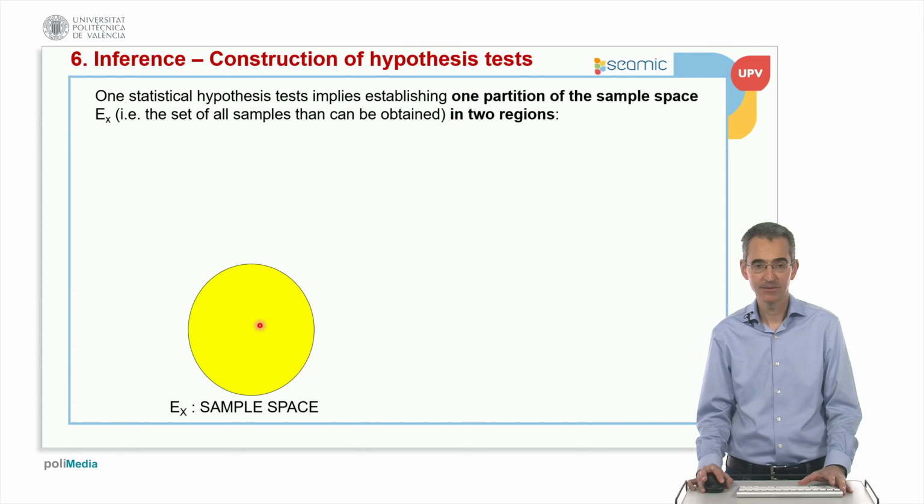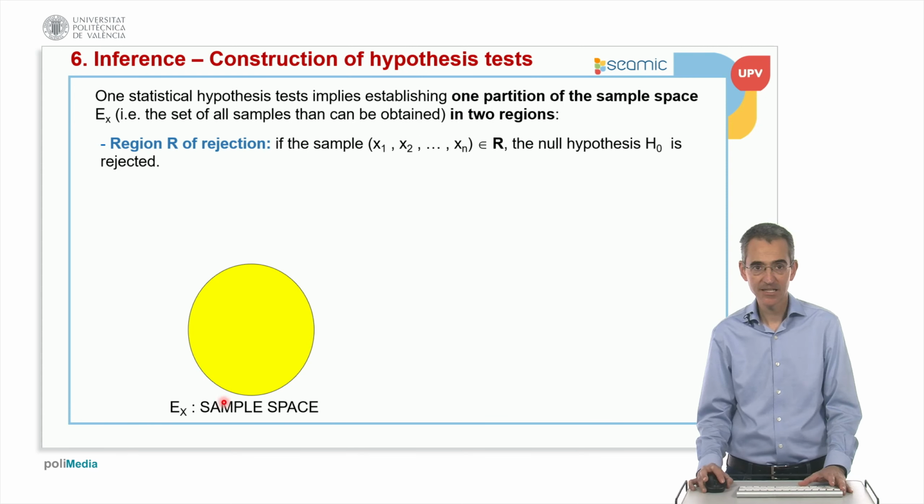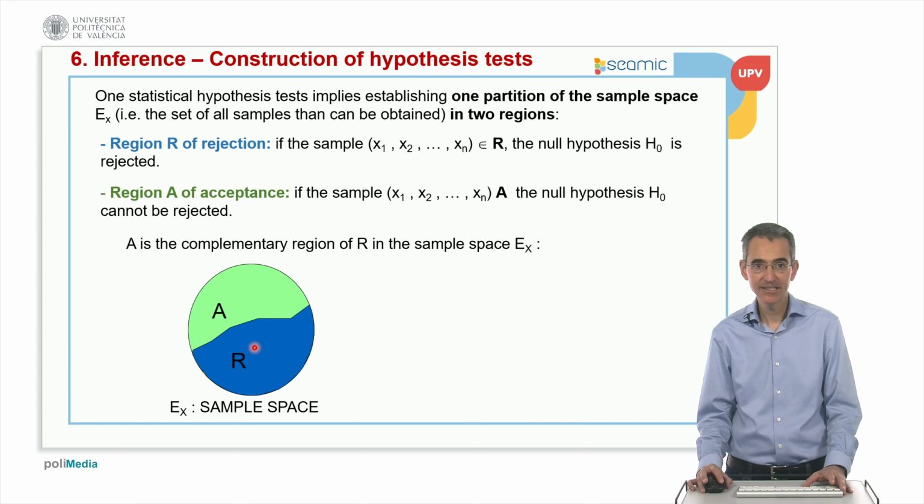This set of samples will lead to a region of rejection, and the complementary sample space will lead to a region of acceptance, or better, a situation where we cannot reject.